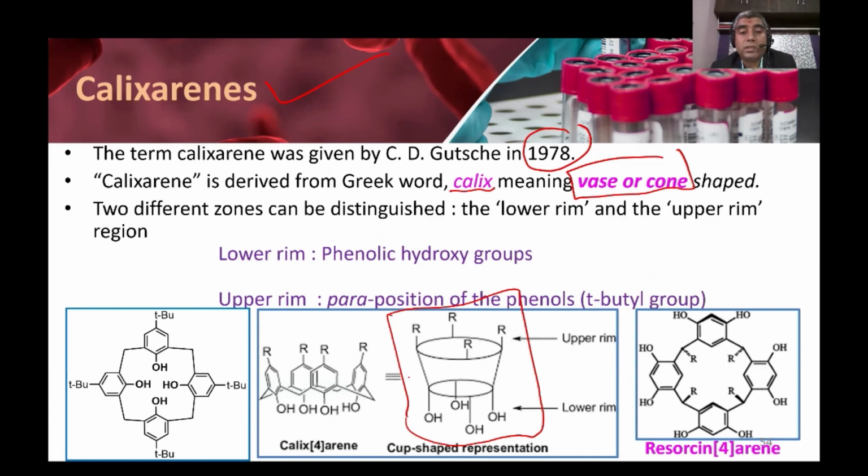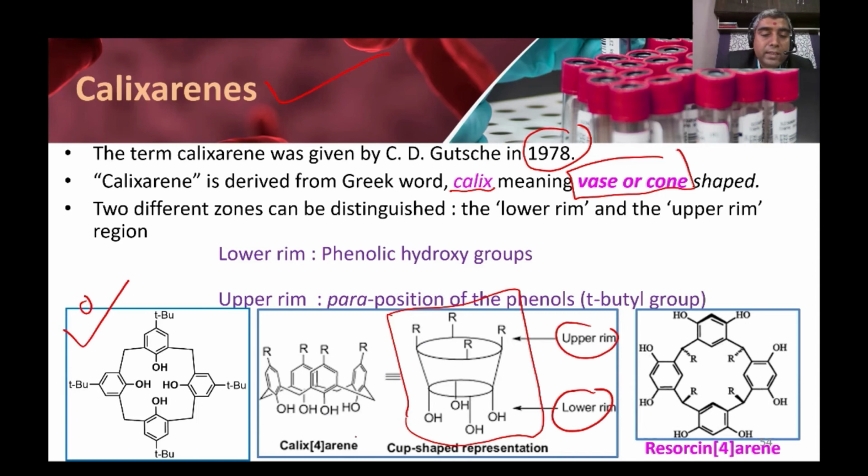Two different zones can be distinguished, the lower rim and the upper rim. The lower rim is the phenolic hydroxyl group, and the upper rim is the para position of phenol with the tertiary butyl group. In the left-hand side image, the main compound is para-tertiary-butyl calixarene.